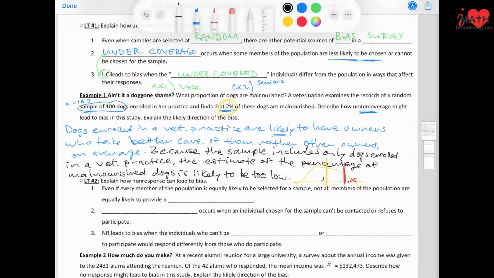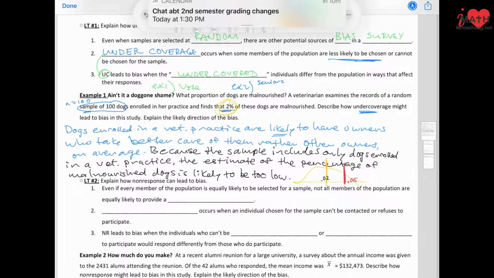Again, the 2% is those who have a veterinary doctor. You're paying hundreds and thousands of dollars to get your dog checked up. So the people who don't have a veterinary doctor, most likely their dogs are going to be malnourished. So there's more dogs. So that number of 2% is too low. That's why I have it lower than the 5%. Okay.